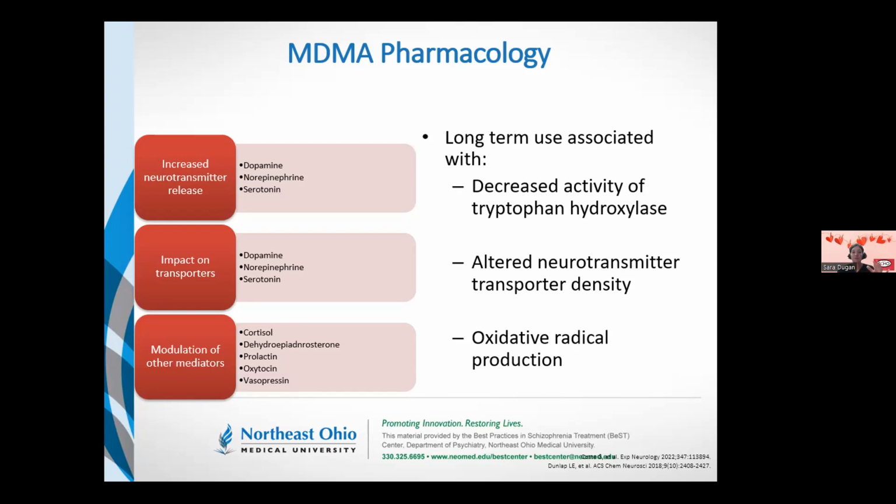In terms of long-term, so that's what happens when an individual takes MDMA, but with more long-term use, they found some changes in enzyme activity that can be sustained. So it does appear to interfere with the enzymes that create these neurotransmitters, which ultimately over time may diminish their concentration. It also seems to alter the neurotransmitter transporter density.